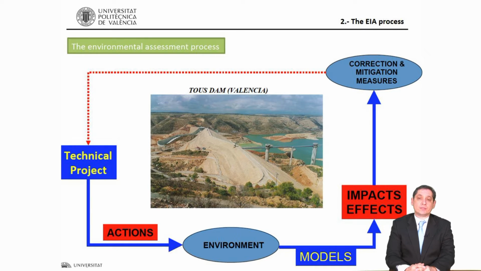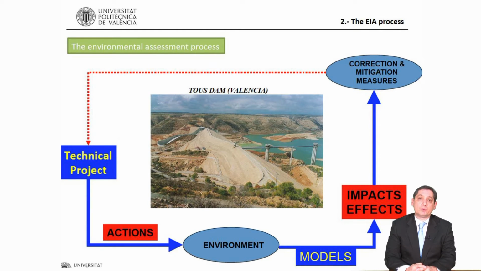These technical projects are written by engineers and technical people, and they describe graphically and technically every single aspect of the idea. For example, let us try to understand how we build a dam. It all begins with the idea, searching for the best place, and afterwards, a technical project has to be written.